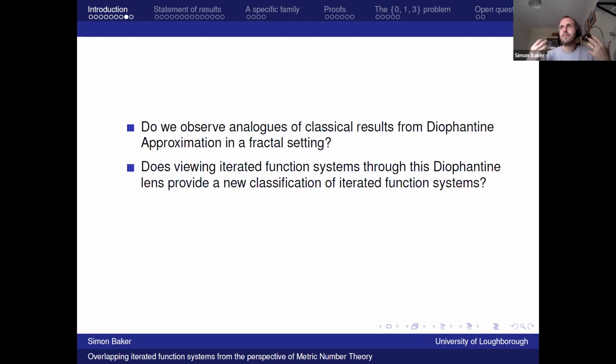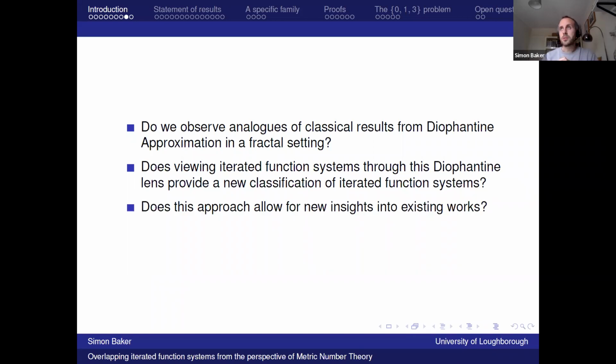Second, is this interpretation good for anything? It's cute to draw this analogy, but does it allow us to say anything meaningful about iterated function systems? In particular, I'm interested in whether you can get a more interesting classification of iterated function systems when you view them from the perspective of Diophantine approximation and metric number theory.